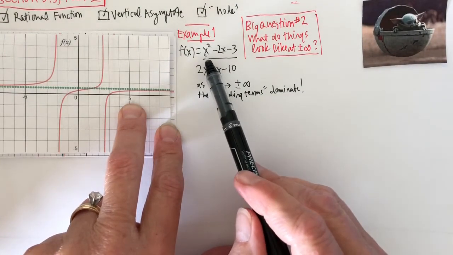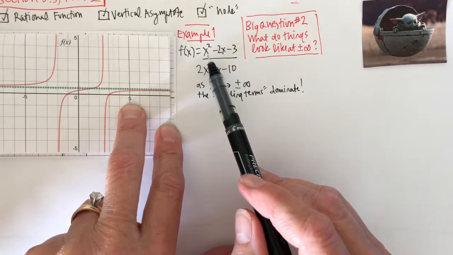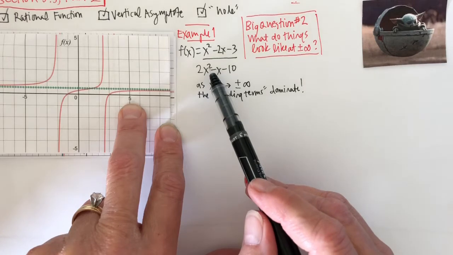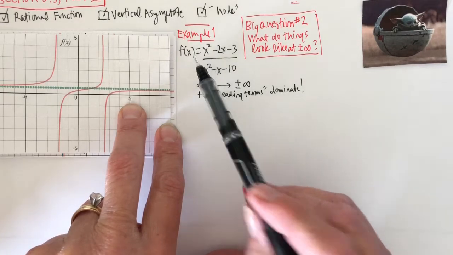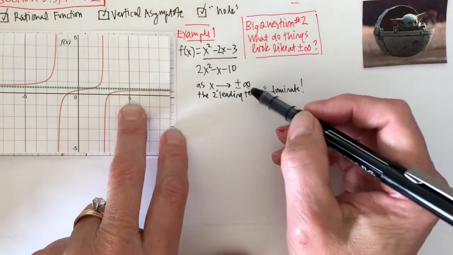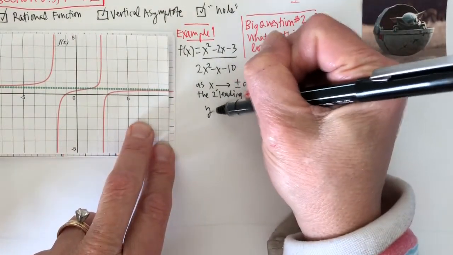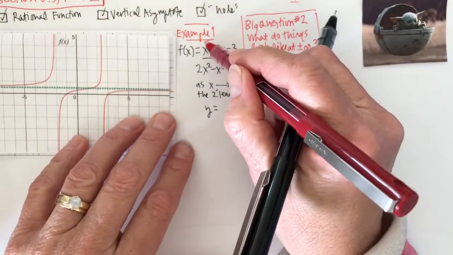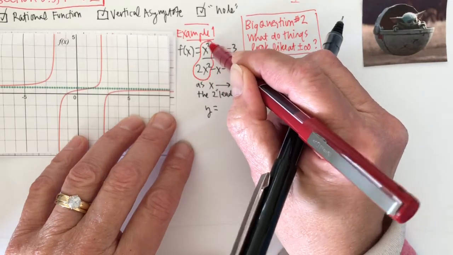It's the term on the top with the highest degree on a variable, or the highest power on a variable, and the term on the bottom with the highest power on a variable. Those are the two leading terms. They dominate the function. And so as x gets bigger and bigger, either positive or negative, we really only need to look at y equals this part of the rational function.